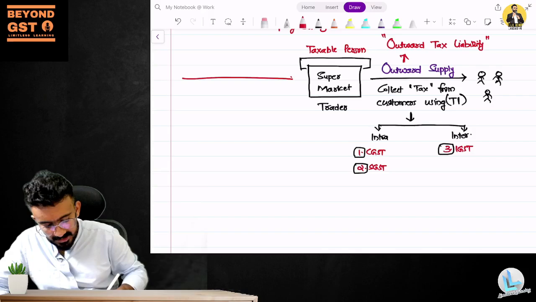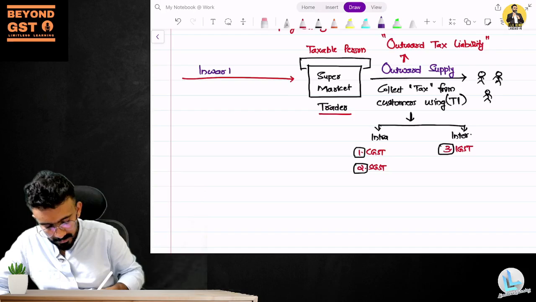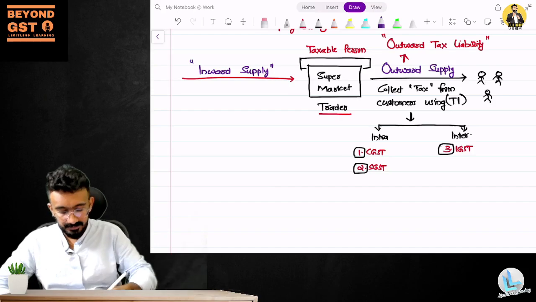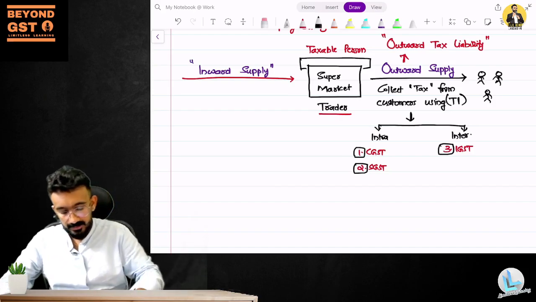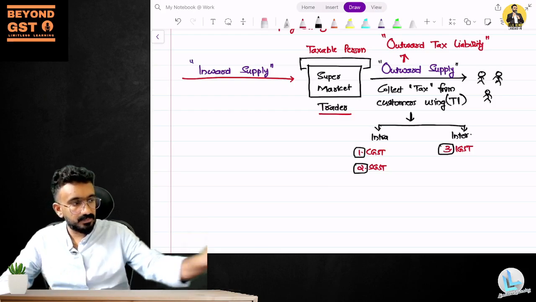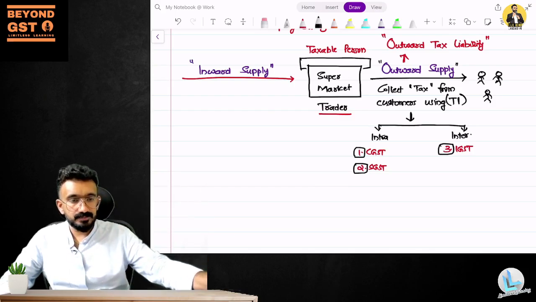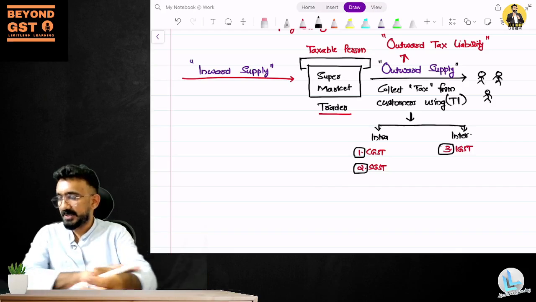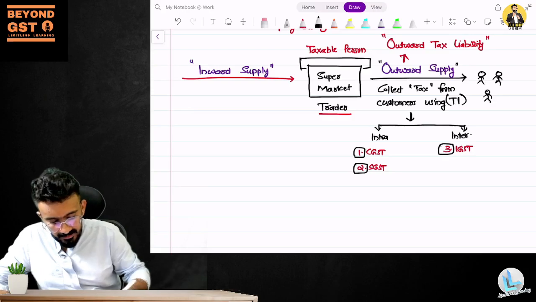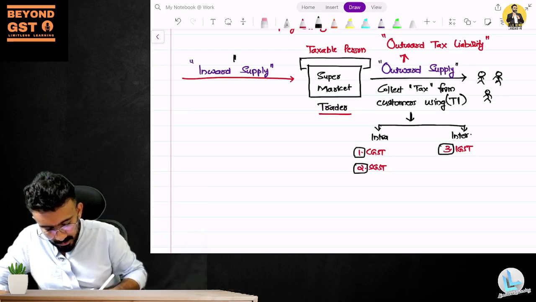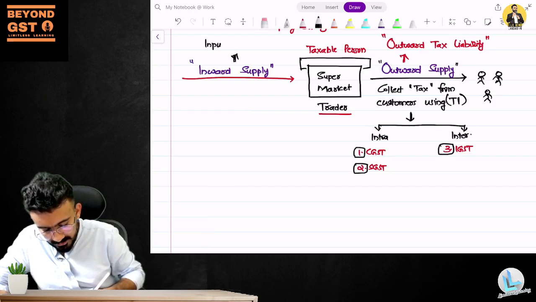To do this outward supply as a trader, he would have made a lot of purchases. In GST, purchases are called as what supply? It is called as inward supply. This inward supply will give him something called as input tax credit.